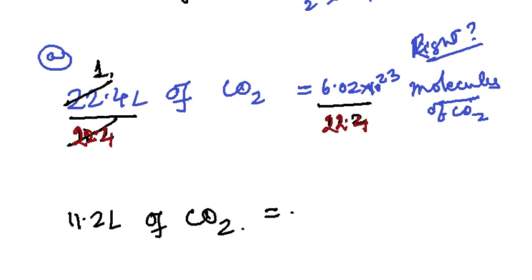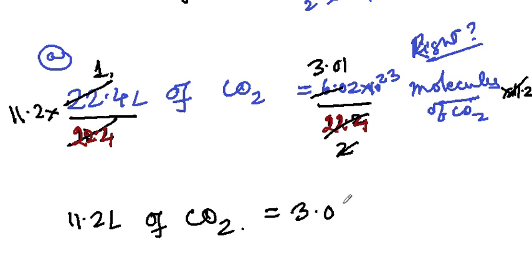Since we want it for 11.2 liter of carbon dioxide, we're going to multiply by 11.2 on both the sides. Which means this should be 2 times, and this would come out as 3.01. So our answer would be 3.01 into 10 to the power 23 molecules of carbon dioxide.